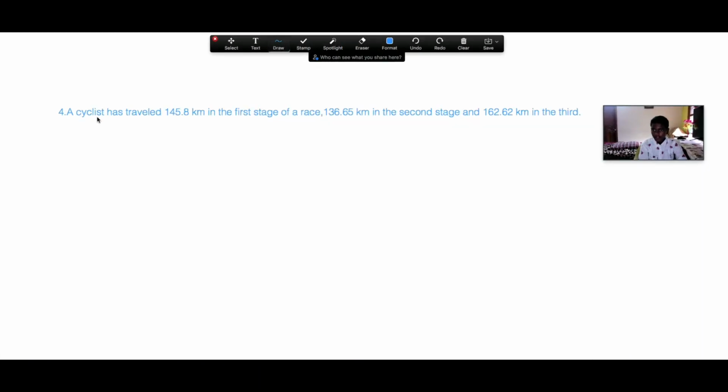Okay friends, now let's jump into fourth question. A cyclist has traveled 145.8 kilometers in the first stage of race, 136.65 kilometers in the second stage, and 162.62 kilometers in the third. So friends, this is a so easy question. Now let's solve it. So in the first stage, it is 145.8 kilometers.